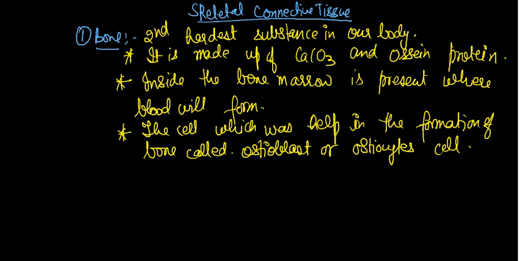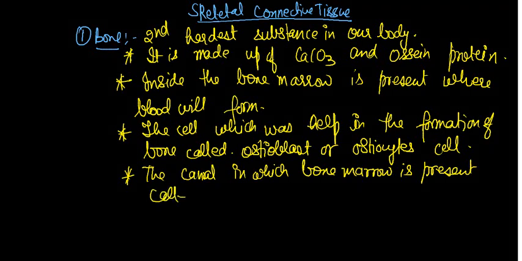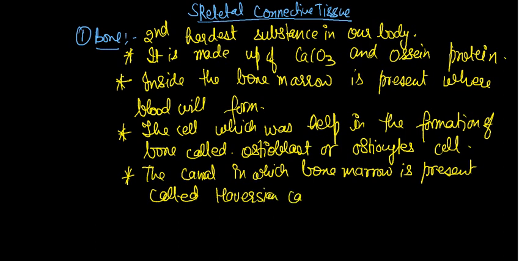Okay, the canal in which bone marrow is present is called Haversian canal. Matrix is absent. Matrix means liquid. Absent or becomes hard due to the deposition of calcium carbonate.